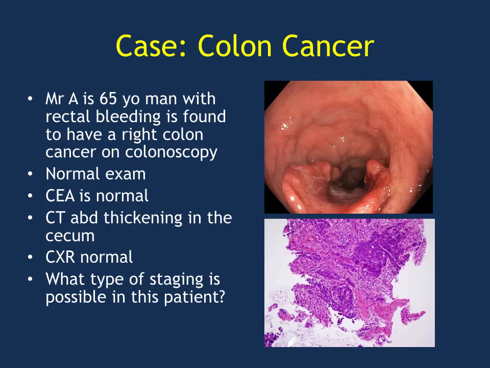He has a normal exam, CEA is normal. CT shows some thickening of the cecum, but it doesn't show any lesions in the liver or any lymphadenopathy. But I have to warn you that CT is not very good for lymphadenopathy, but it is reasonably reliable for liver metastases. Chest X-ray is also normal, and then in summarizing the case, you have to ask yourself what the stage of this patient's cancer is.